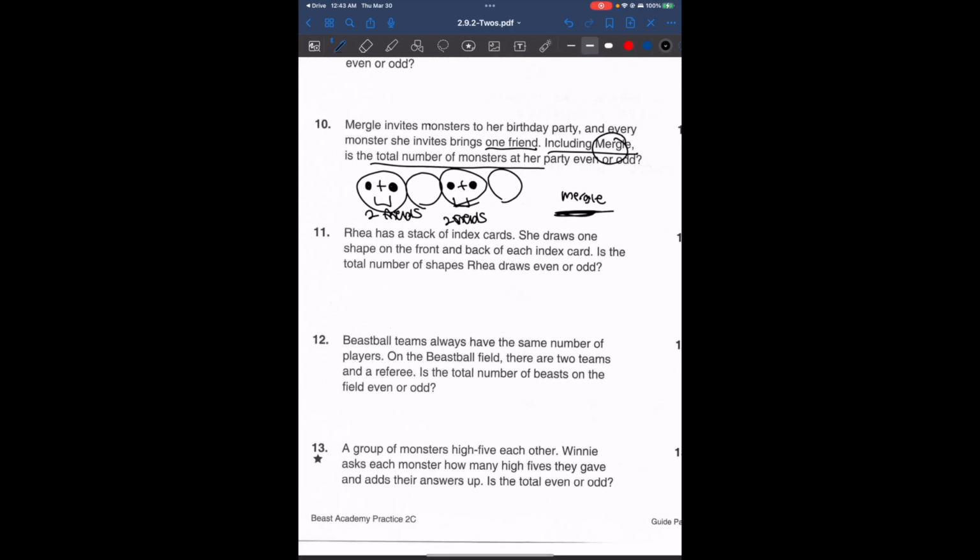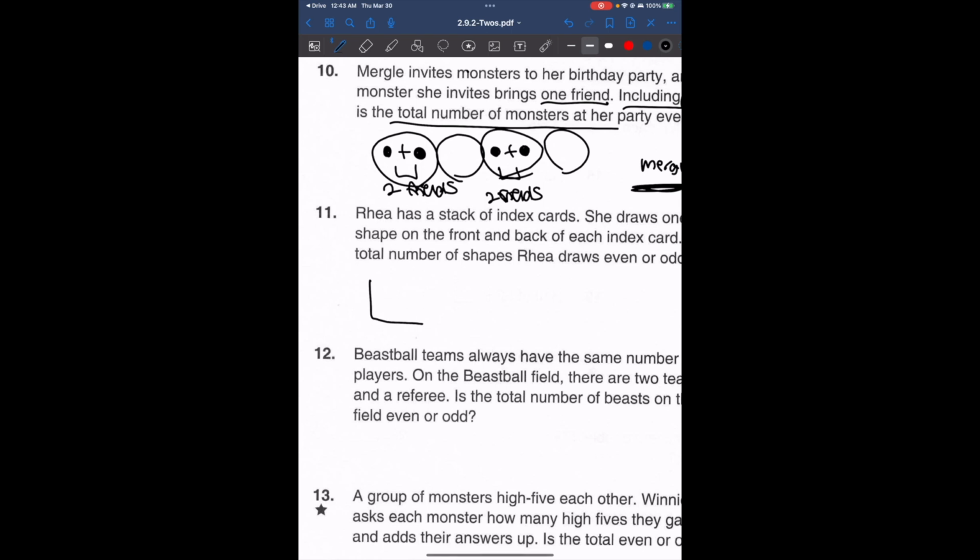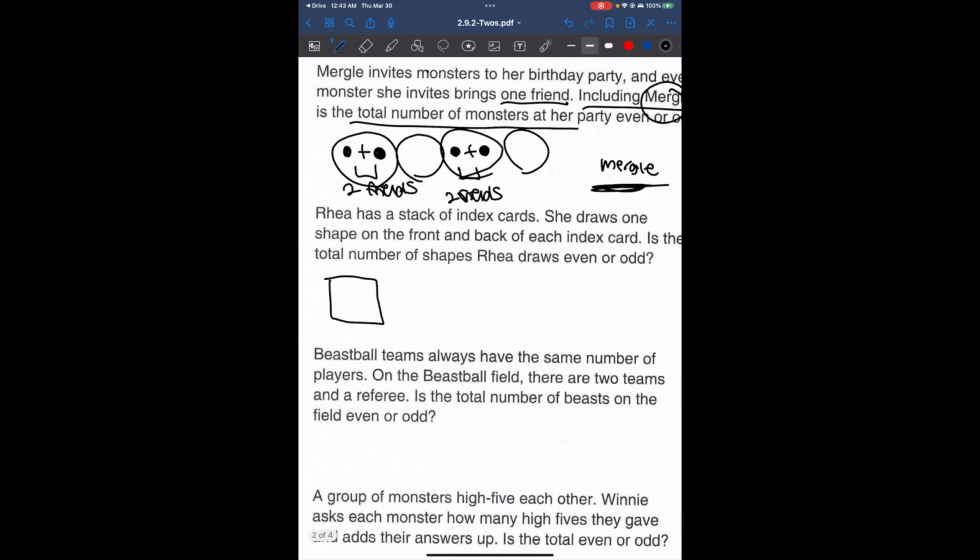The next problem says Ria has a stack of index cards. She draws one shape on the front and back of each index card. Is the total number of shapes Ria draws even or odd? So let's look at one index card. That's going to be the front, and this is going to be the back. She draws one shape on the front and one shape on the back.